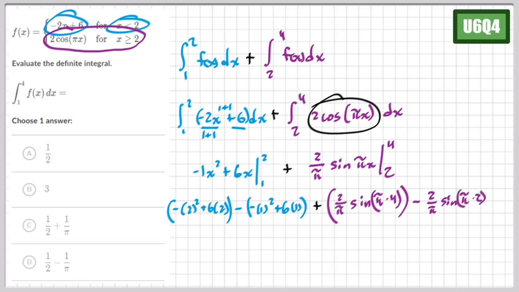So that's going to be 2 pi inside there. Okay, so we got the FTC of each of those. I should put parentheses around this whole thing, but it doesn't really matter because we have an addition sign. But anyways, let's simplify the blue.